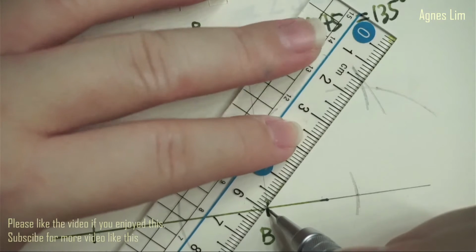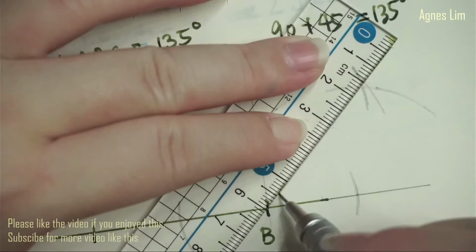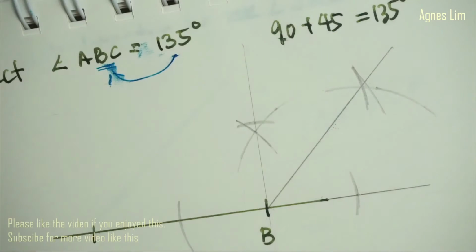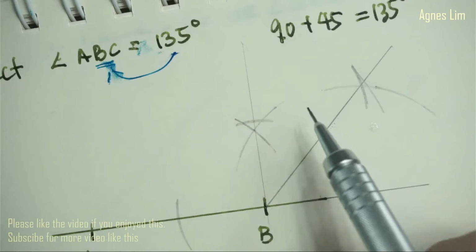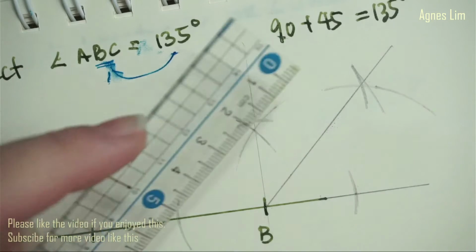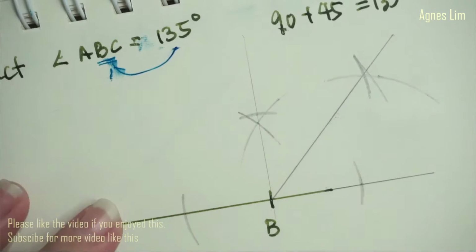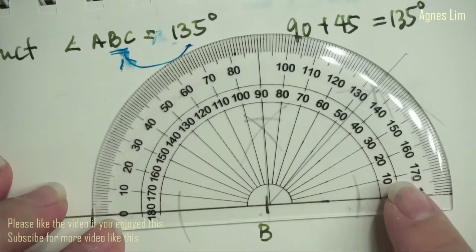From B, connect to that X. Okay, so make it a very clear line, not the faint 90-degree one. I'm going to check my angle again before I continue so that it is accurate.